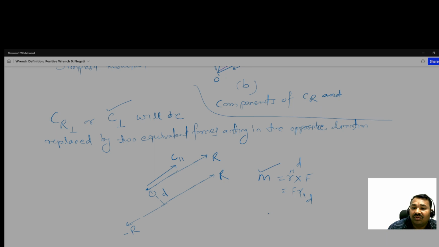Okay, and suppose we want to replace the moment, then we can convert that by representing two equal forces like this one and this one, but both should act in the opposite direction. Okay, so this is done in the third stage.